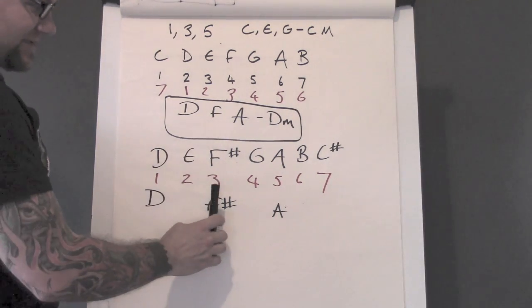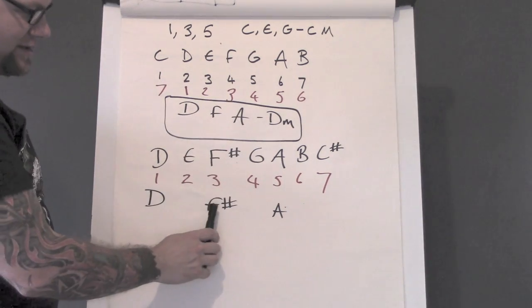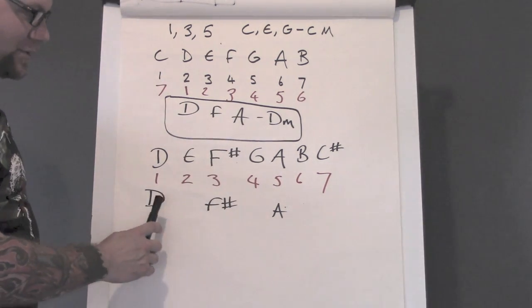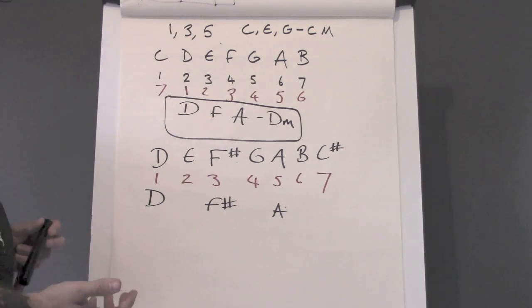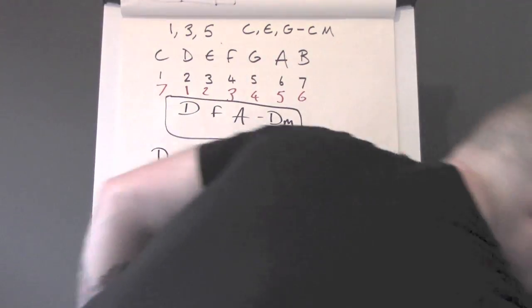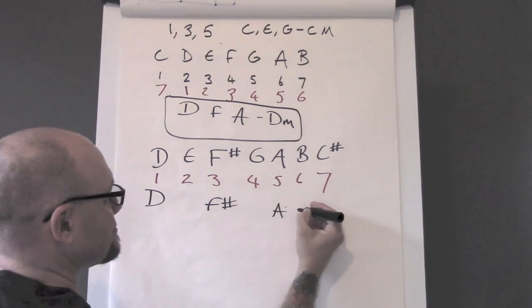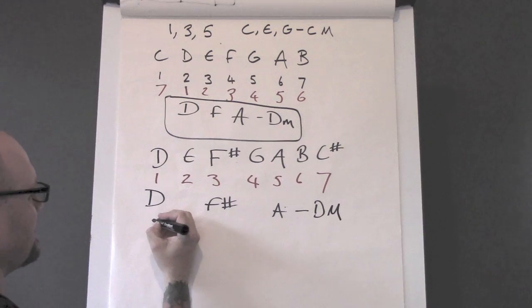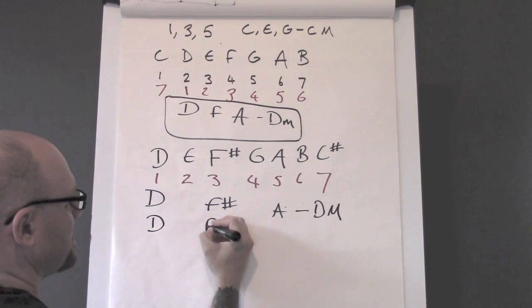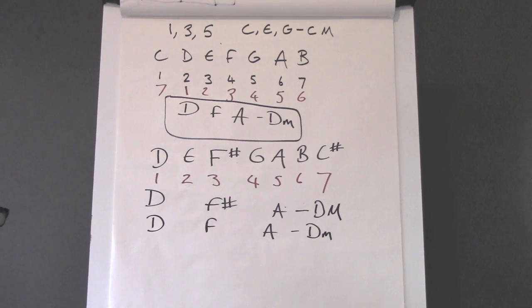So what we need to do is flatten this note in this key to become an F. So when you flatten the third, it changes from a major scale to a minor scale. Sorry, from a major chord to a minor chord. So that would be a D major chord. And that would be a D minor chord.